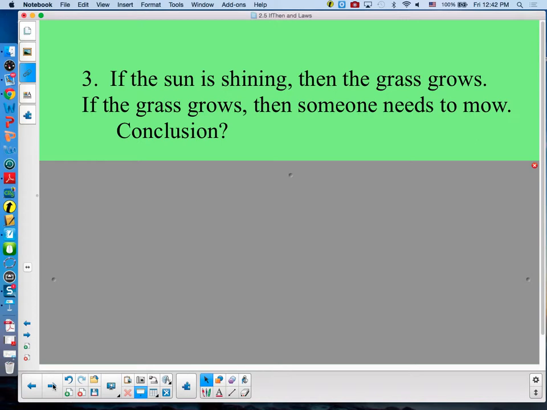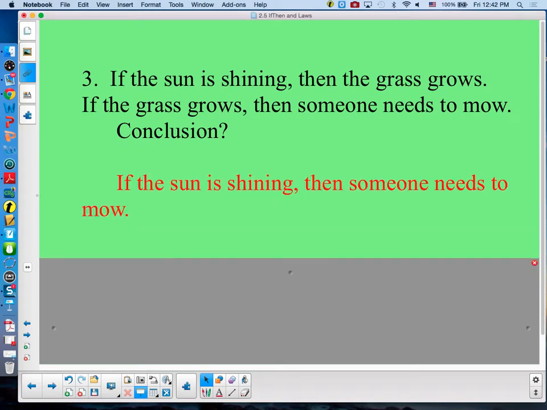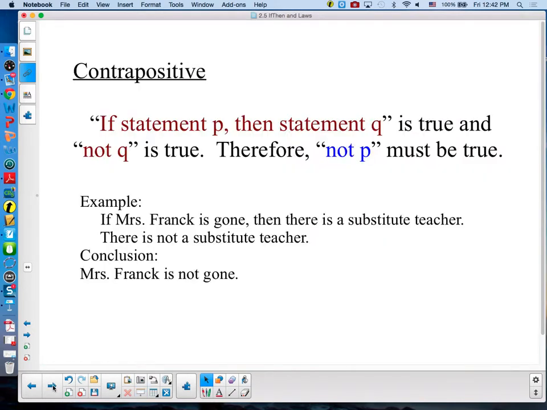The grass grows was repeated here, so if you start with this one, if the sun is shining, then someone needs to mow. Okay, that's called the law of syllogism.